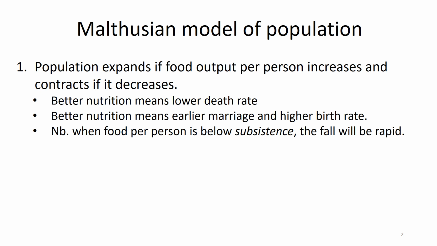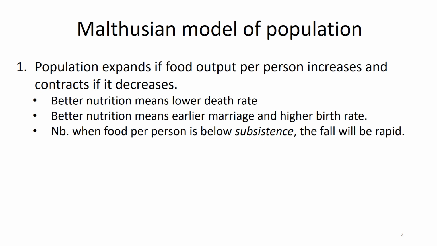So when food output per person is higher, population growth is higher, and when food output per person is lower, the population growth rate is less. In particular, there's a level of food per person which we call subsistence, which is that level at which population growth is zero.